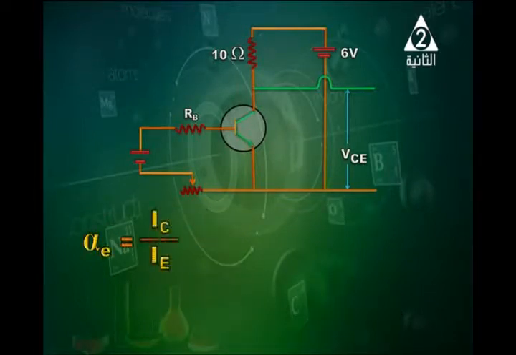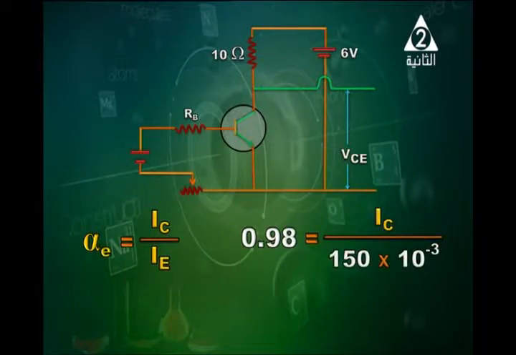And alpha E equals IC over IE, collector current over emitter current. So 0.98 equals IC over the emitter current, which is given, and this way we obtain the current flowing through the collector. It is equal to 0.147 ampere.